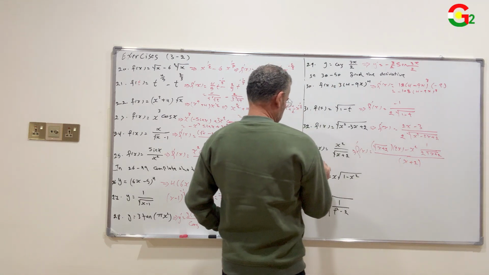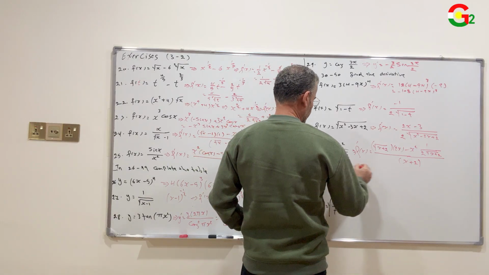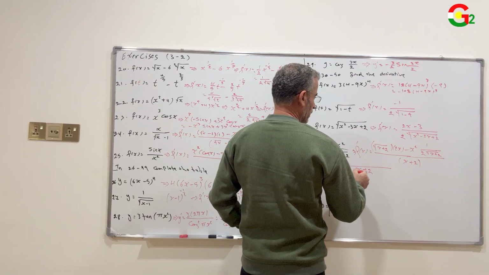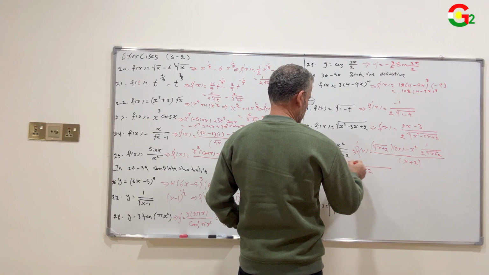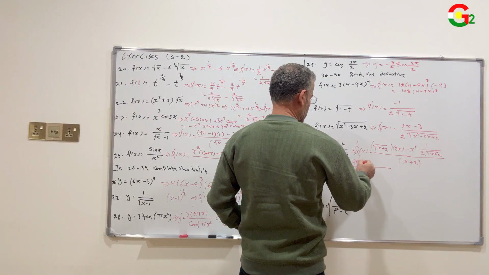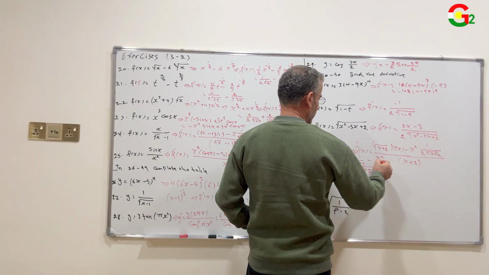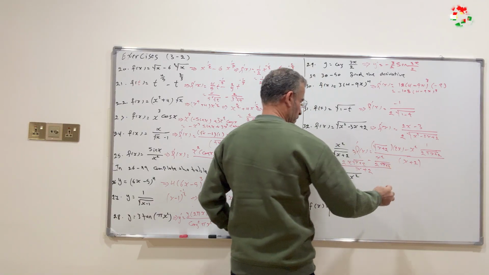Simplify this derivative: f prime of x equals x plus 2 in the denominator, and in the numerator 2x times square root of x plus 2 minus x power 2 over 2 square root of x plus 2.